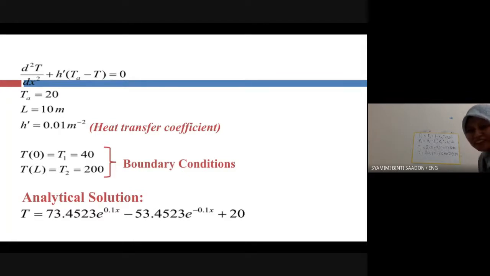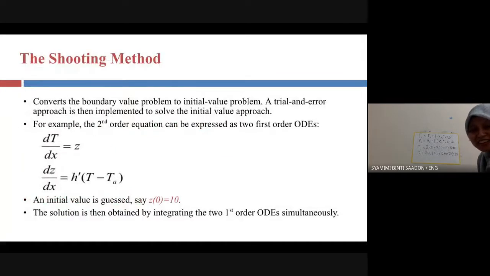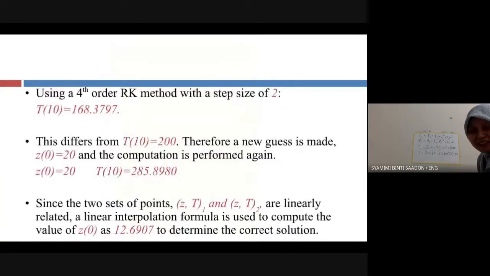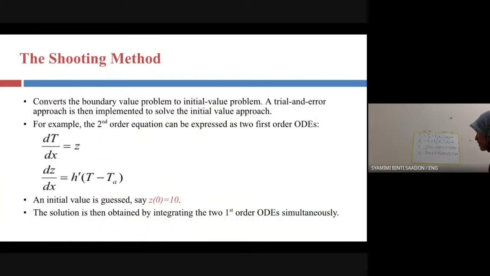Do you understand this? Okay. Let's look back. Okay, I repeat again. By applying the shooting method, we separate the second order equation, the heat transfer just now, into two first order differential equations.